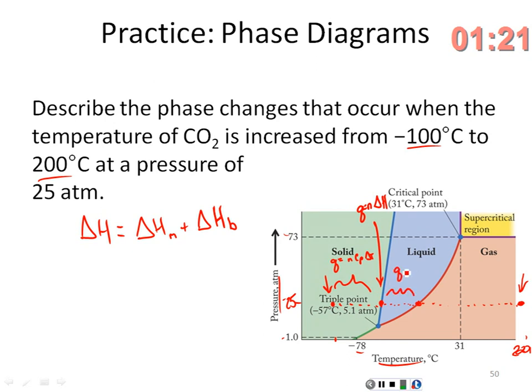This portion would be heat equals n C_P delta T. We have another phase transition, so heat would be Q equals n delta H. And finally, the final heat would be n times C_P of the gas phase, delta T. You would add those heats together to find the total heat required to go from negative 100 to 200 degrees at a constant pressure.